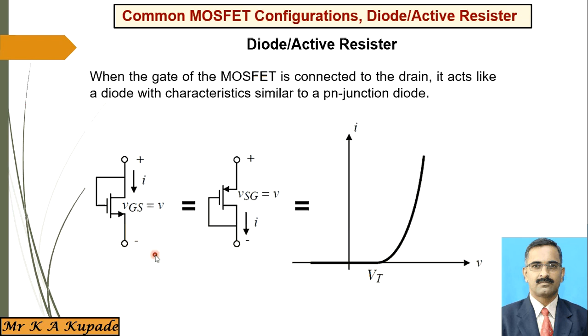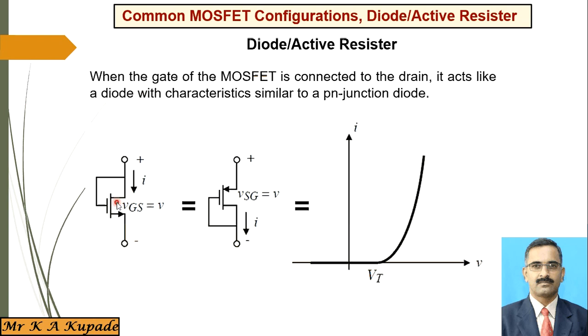Now if you observe this figure in this slide, the arrow mark shows the current direction like this. Here VGS, that means the gate to source voltage, is equal to the applied V voltage, and this portion is acting as a kind of PN junction.